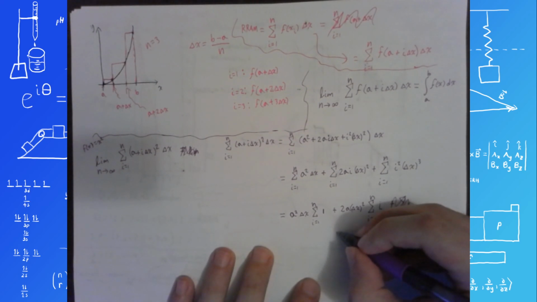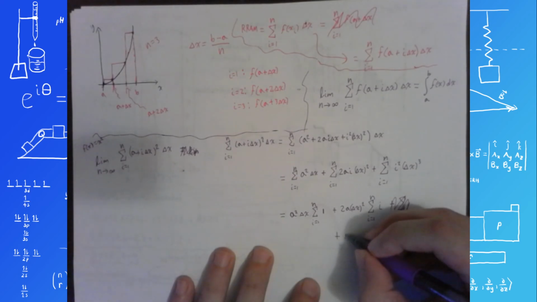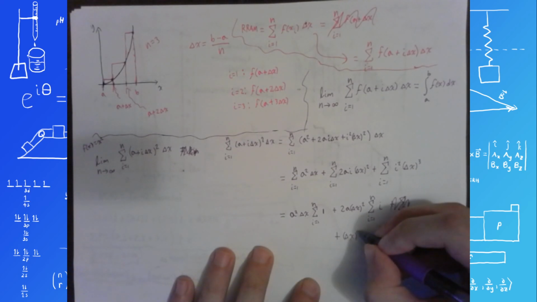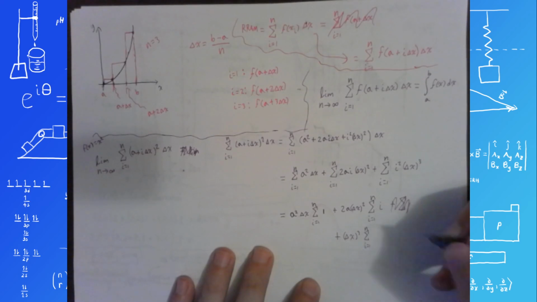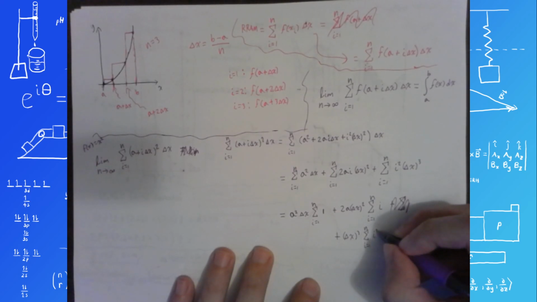Let's scratch that and just write it down here. Plus delta x cubed times the sum from i equals 1 to n of i squared.